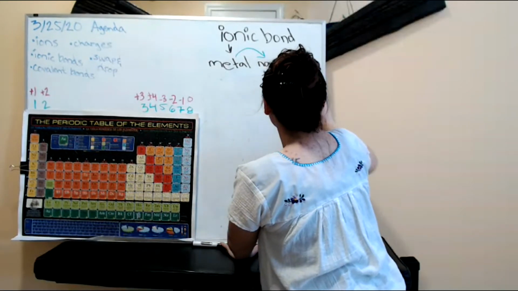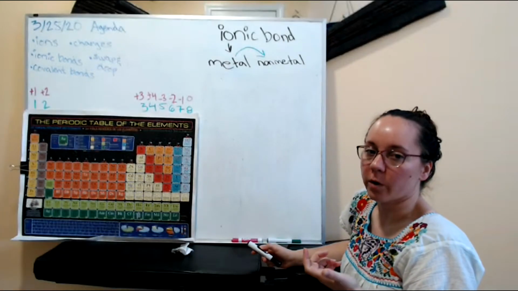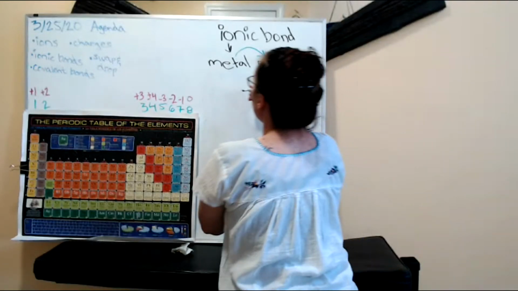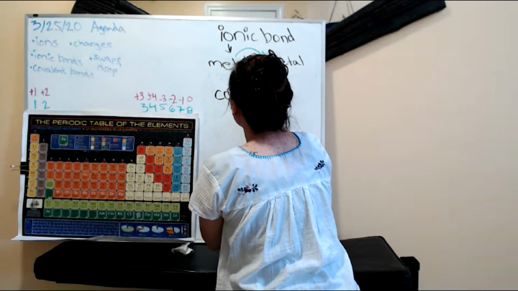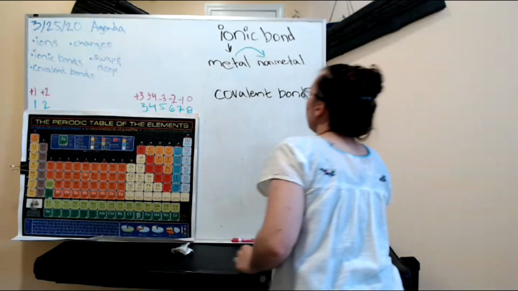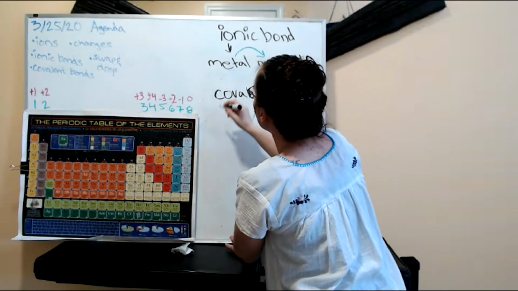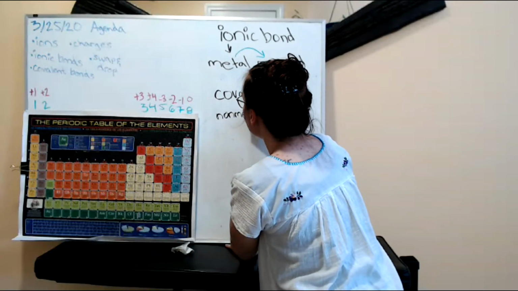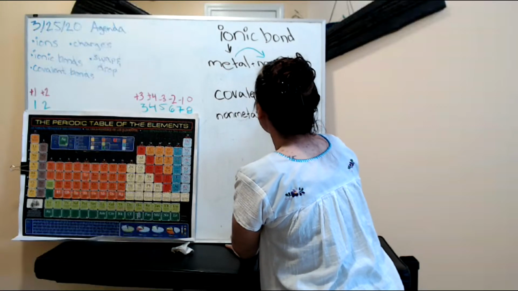Okay, so I mentioned that there were 2 types of bonds. We have the ionic bond, which is what we were focused on, and that's with the charges, the swapping and dropping. And then the second one is the covalent bond. An ionic bond is made up of a metal and a nonmetal, but a covalent bond is made up of a nonmetal and a nonmetal.